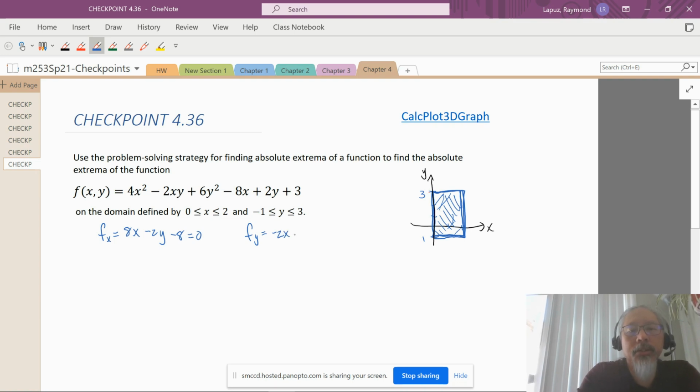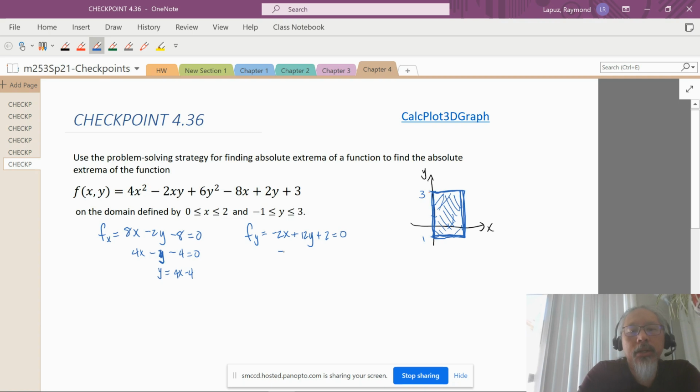It's going to be 2x plus 12y plus 2. If we set these equal to 0, we can factor out a 2. We get 4x minus y minus 4 equals 0, so we get y by itself: y equals 4x minus 4.